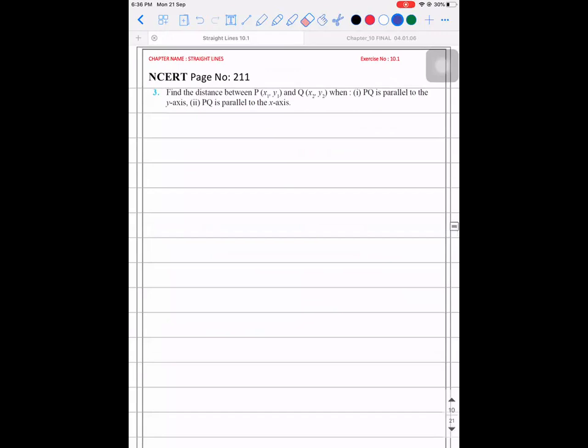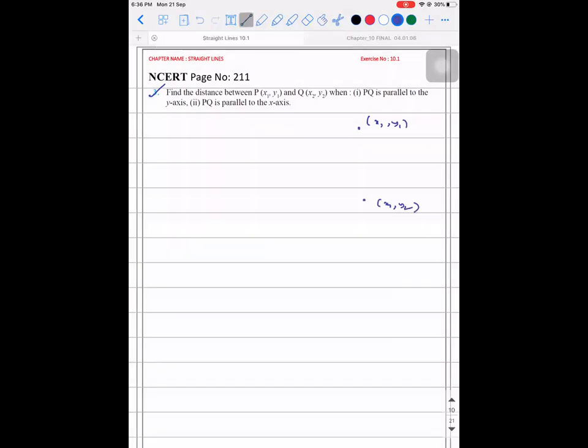So the third one is: find the distance between P and Q when PQ is parallel to the y-axis. So P is (x1, y1) and Q is (x2, y2).